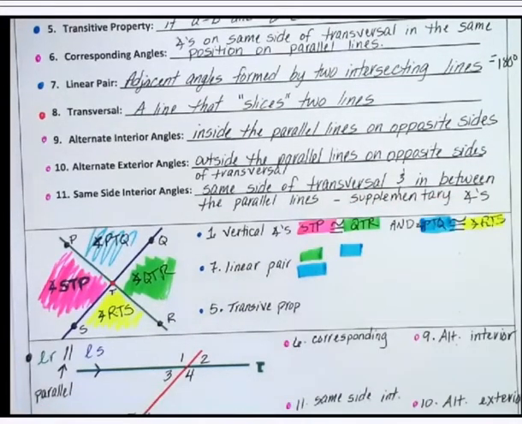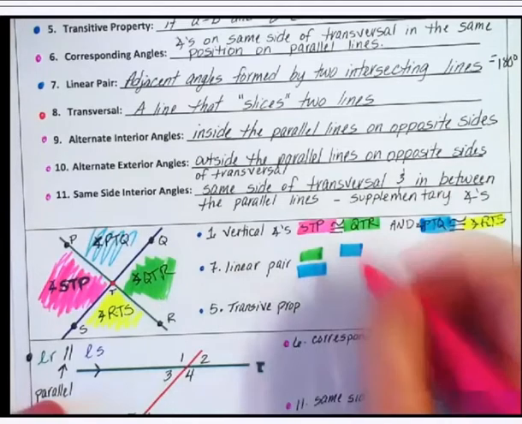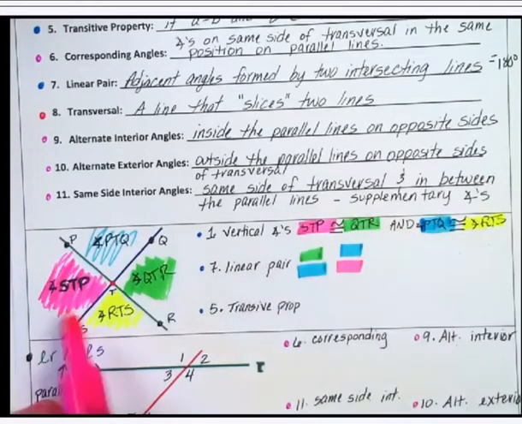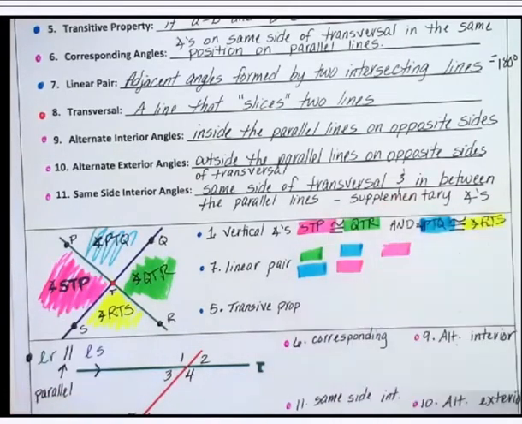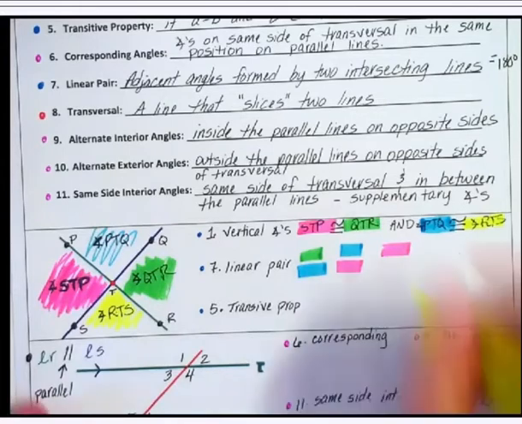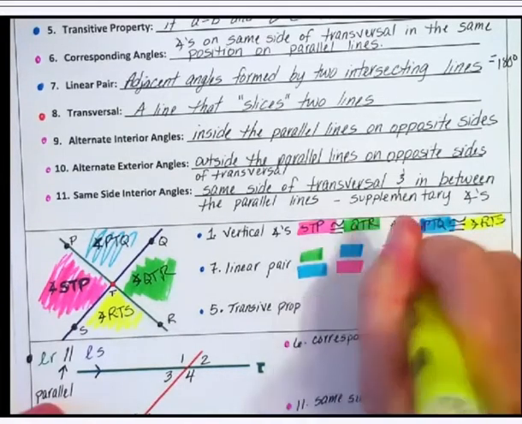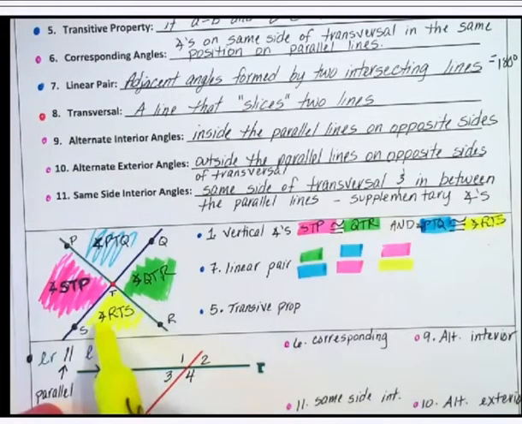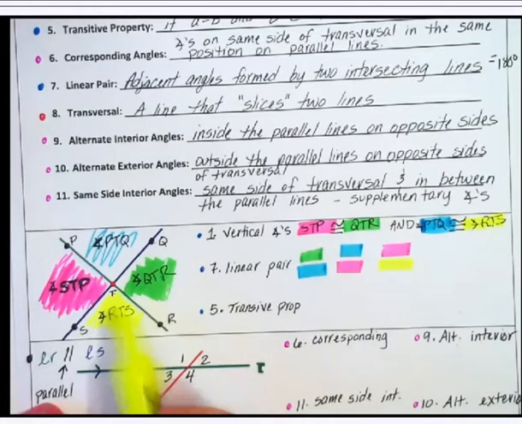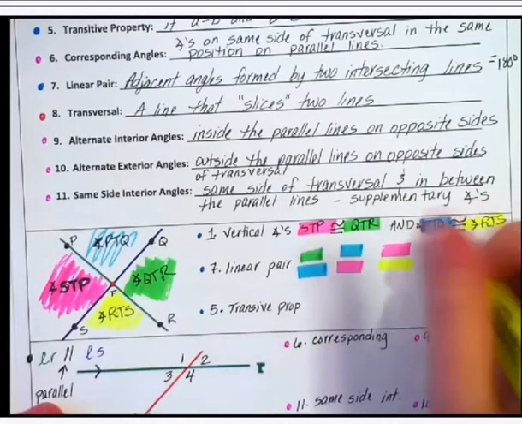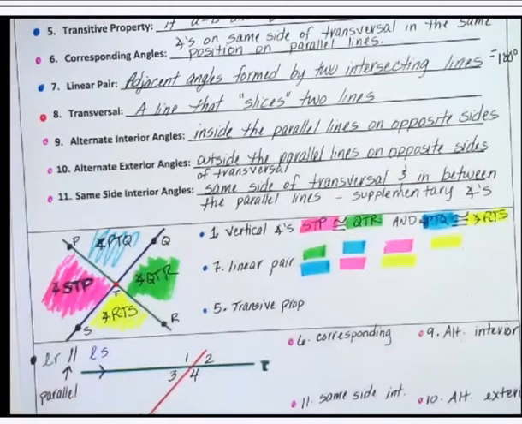Also, pink and yellow form a linear pair. And then the last linear pair, I went all the way in the circle. So yellow and green form a linear pair. So I have 4 linear pairs here.